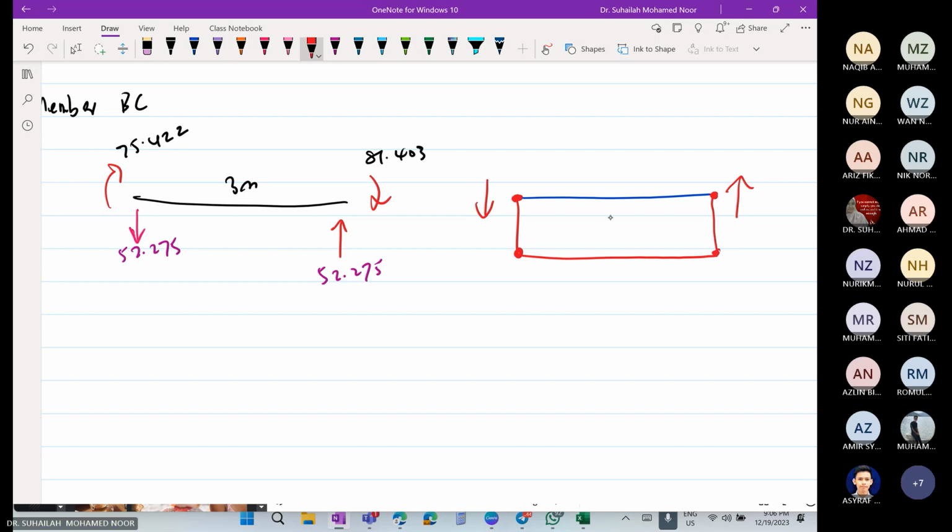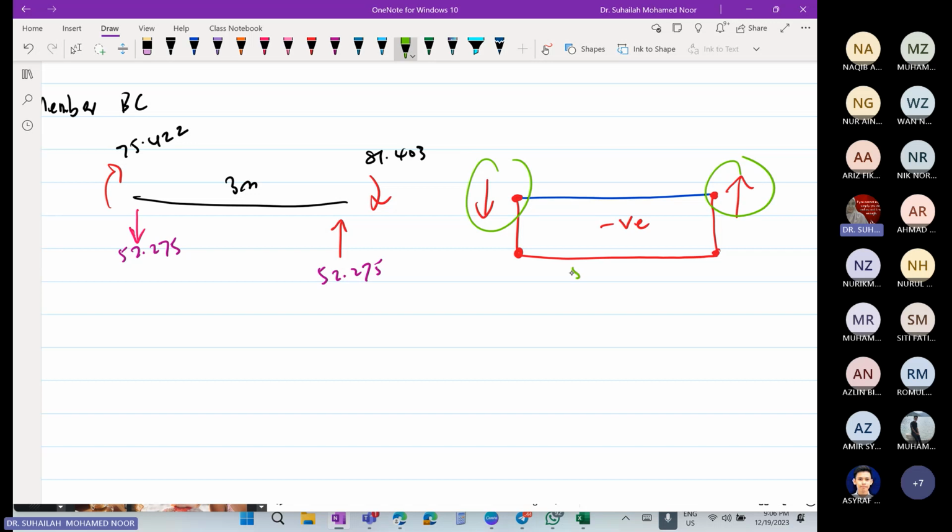This is negative because it rotates counterclockwise, so it is negative. Okay, so this is the shear force diagram.